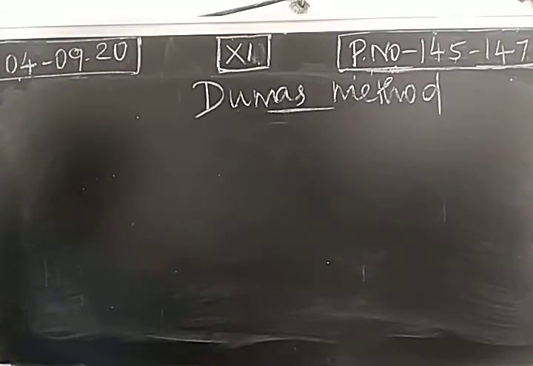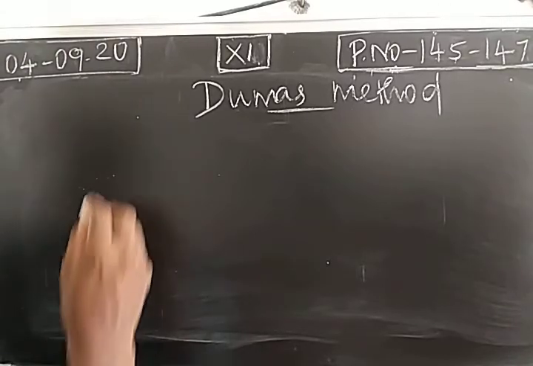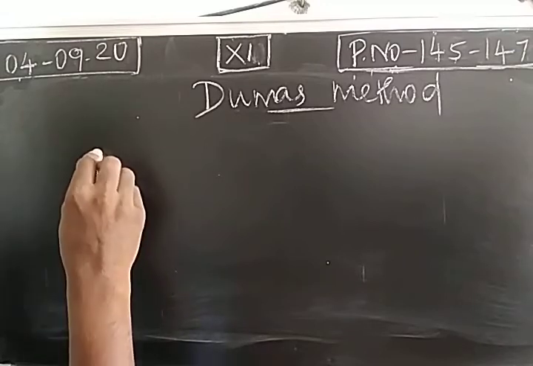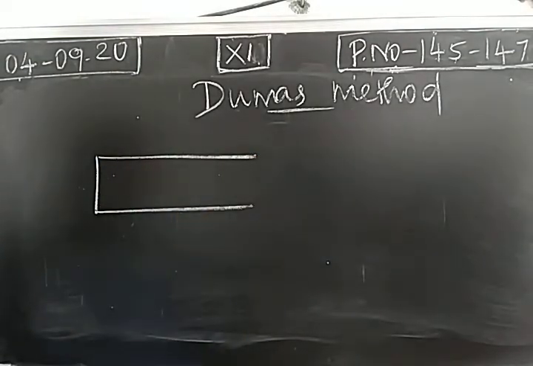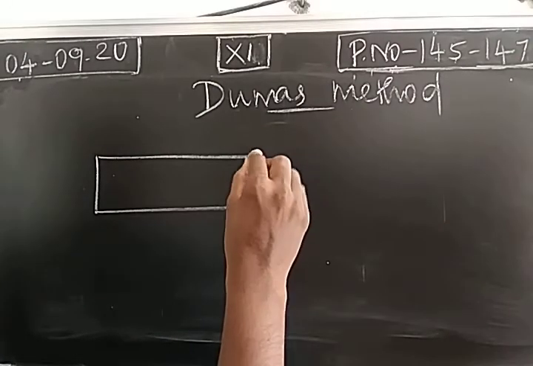The organic compound is going to be heated with copper 2 oxide. There are 3 apparatus in this Dumas method. First one, carbon dioxide generator. Next one is the combustion tube. As we studied in carbon as well as hydrogen estimation, we have a combustion tube.